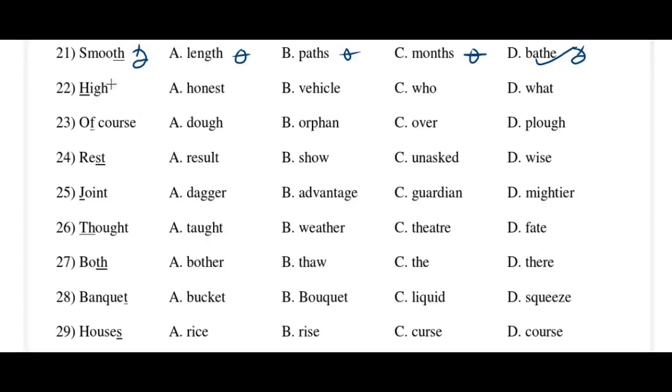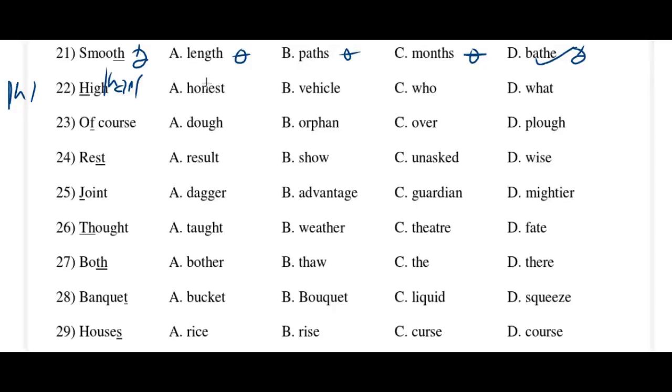22, high. So looking at option A, option B, option C, and option D, they contain the H letter, all right? But not all of them contain H in their pronunciation. And we need the one that has H in the pronunciation.